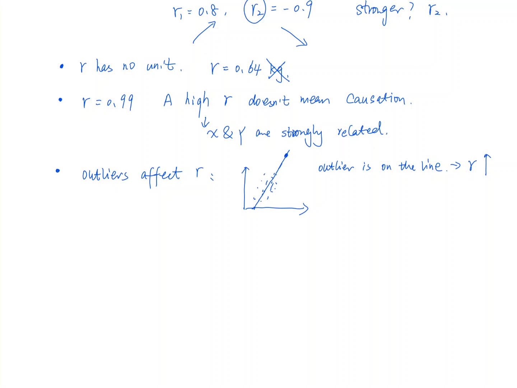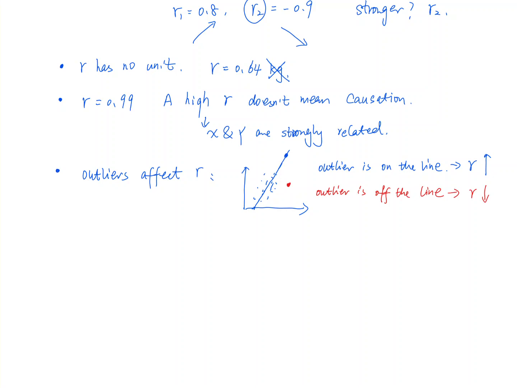The other way, if I have another point off the line, we say the outlier is off the line, it's not on the line, then this outlier makes the correlation weaker.